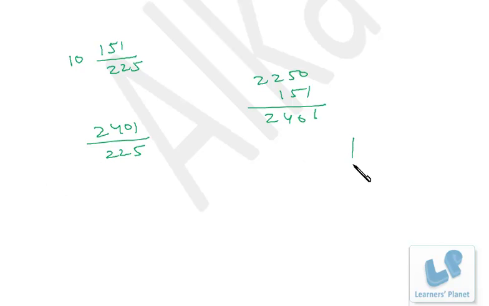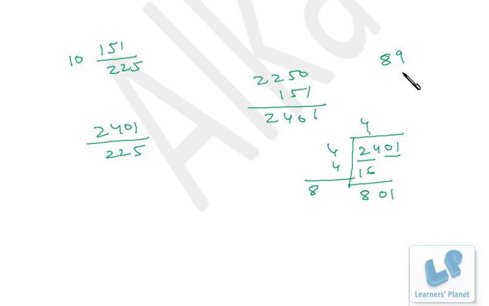Now 2401, we have to find out the square root. 4 4s are 16, 8 and 0 1. Okay, so either 81 into 1 or 89 into 9. In both cases we will be getting 1 at the units place. So I try with 89 into 9. 9 9s are 81, 9 8s are 72 and 8 80.